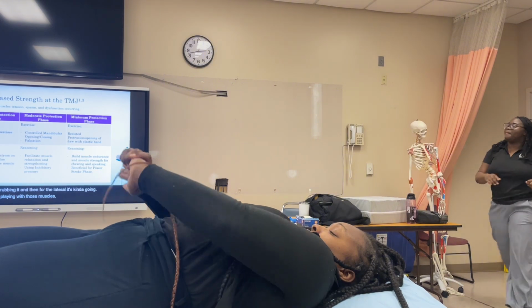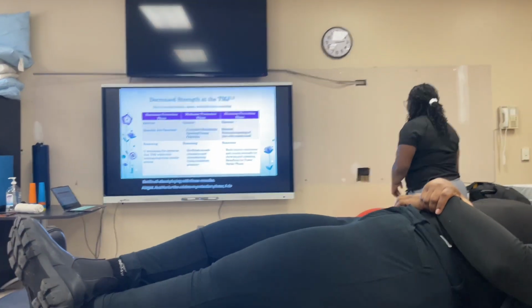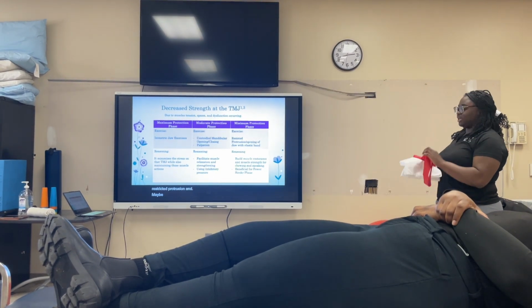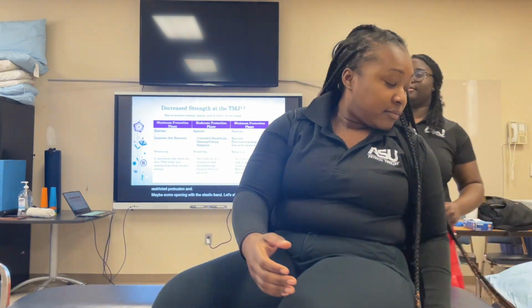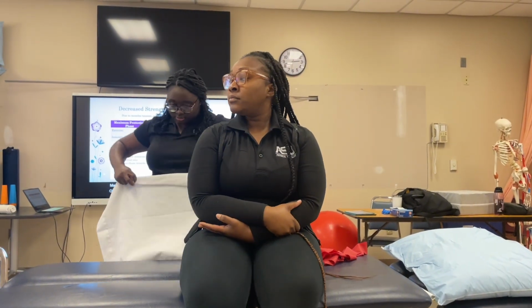And then for the minimum protection phase, I'll do some restricted protrusion and maybe some opening with an elastic band. But this, you can sit up. I couldn't find a small towel, so I got this, because we use TheraBands in the clinic for everything. When you put something on somebody's face, you don't want to put it directly on there.